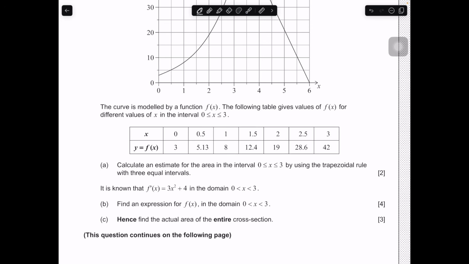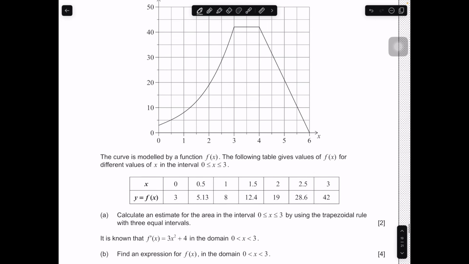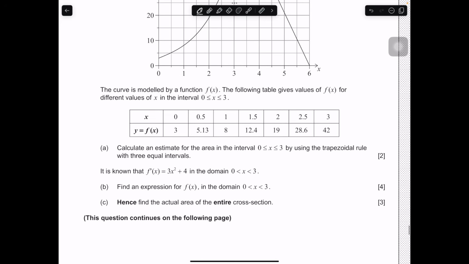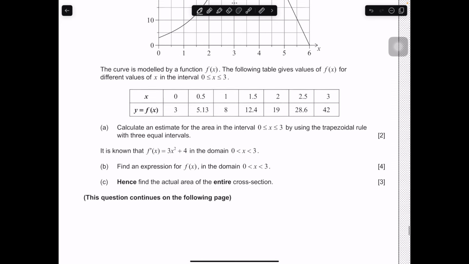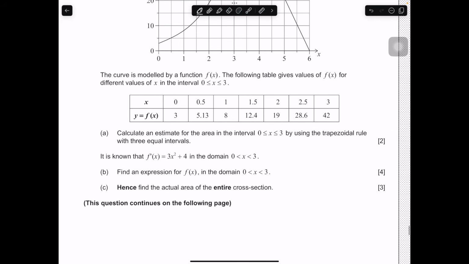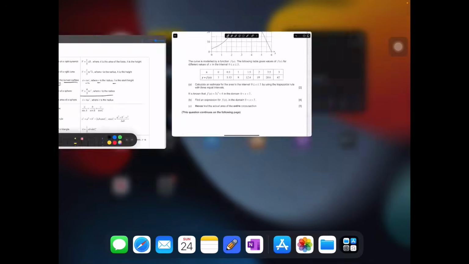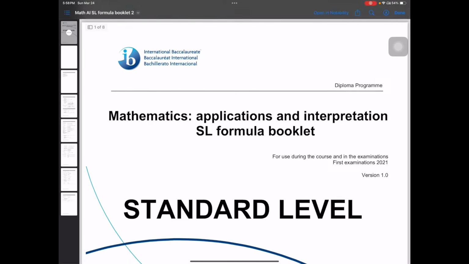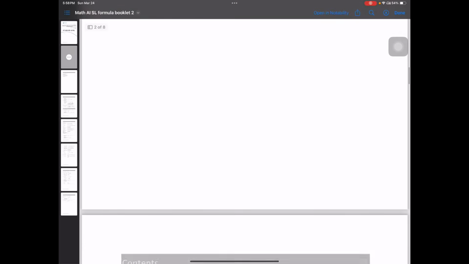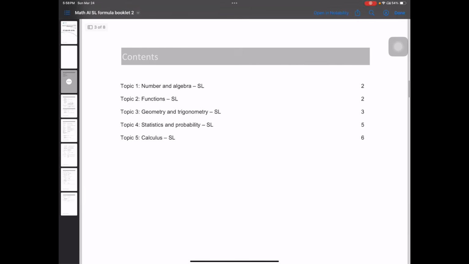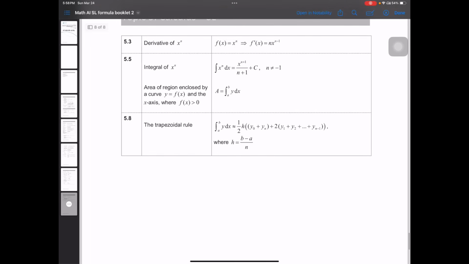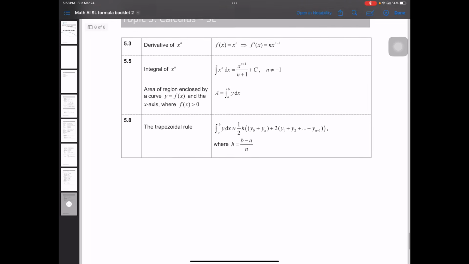There was another paper where I went over a more in-depth explanation of the trapezoid rule. We'll bring the trapezoid rule up here, and let's look at it in the formula booklet. This is going to be under calculus, topic 5. And there we have it actually, 5.8, the trapezoid rule.